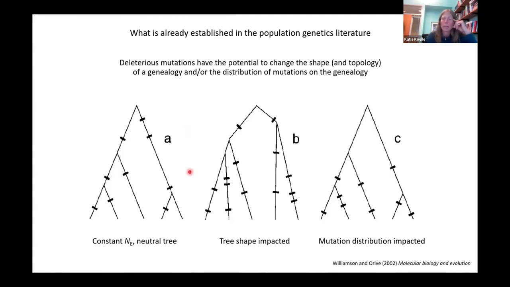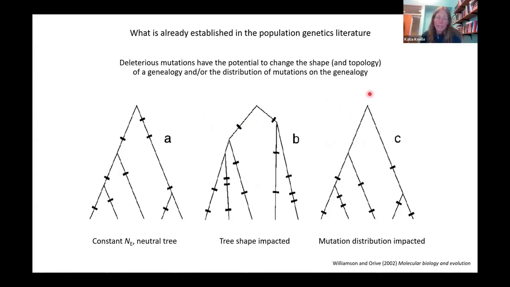One is that it could impact tree shape and also tree topology. That it impacts tree shape is shown here in B. Tree shape is defined by the length of external and internal branches. Here, you can see that in the context of deleterious mutations, the external branches might actually be longer, and the internal ones shorter, than would be expected under neutrality. That's when tree shape is impacted.